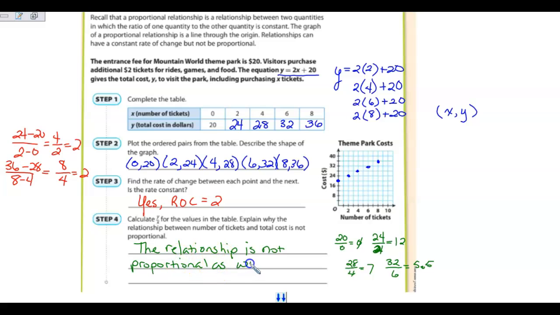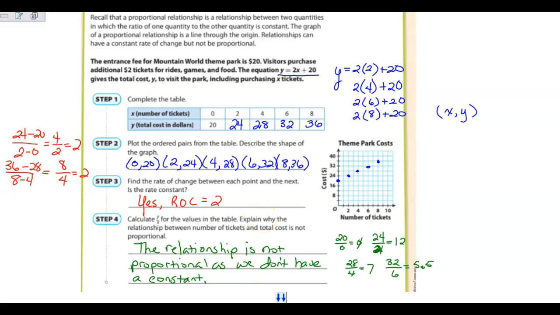So even though my rate of change is the same, my constant is not.